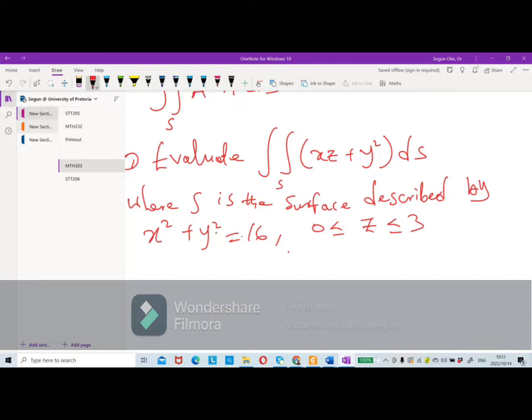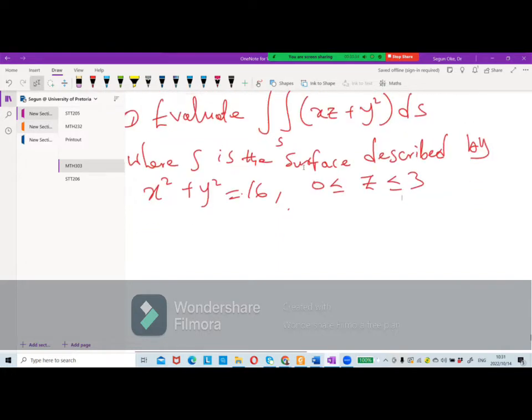Can you explain again? I said, sir, we are going to parameterize the given circle. Okay, so for us to parameterize it, how do we do that? What are the formulas that are involved in this case? That's the first thing you need to know.